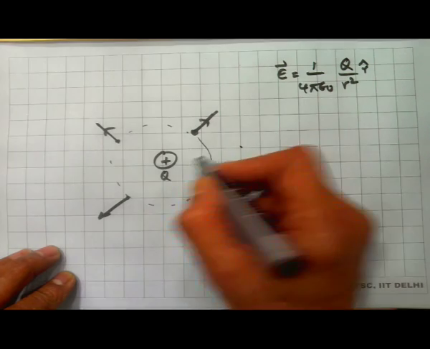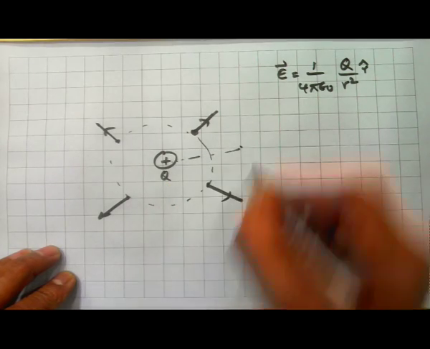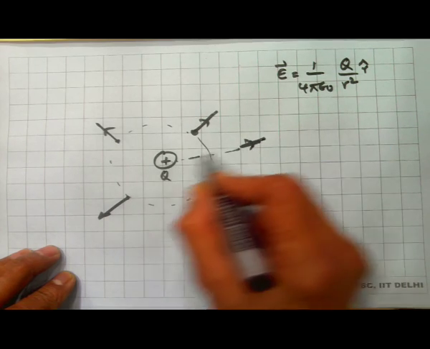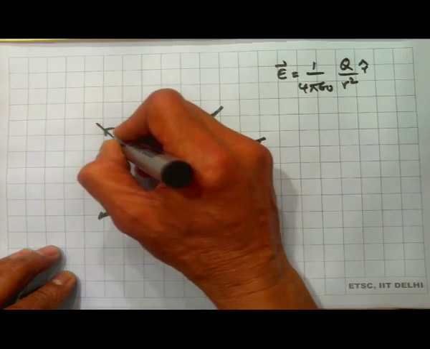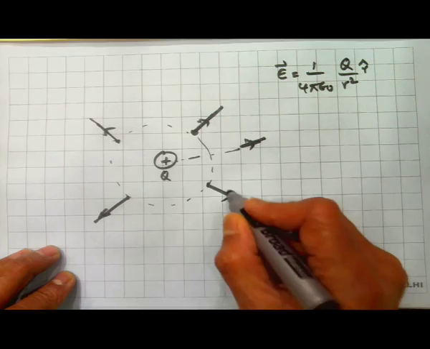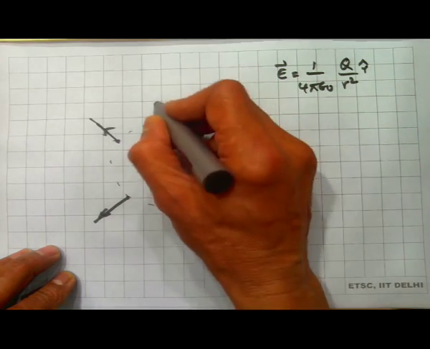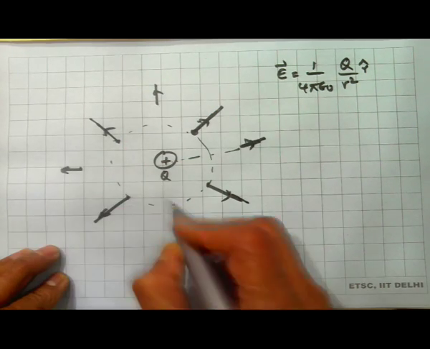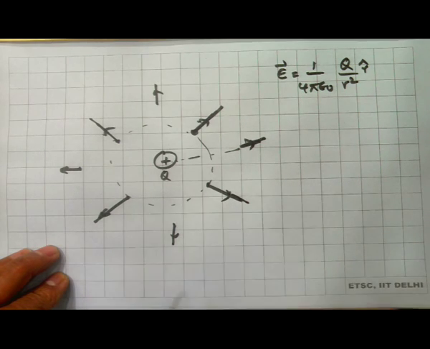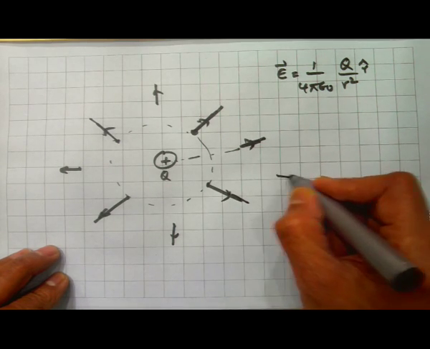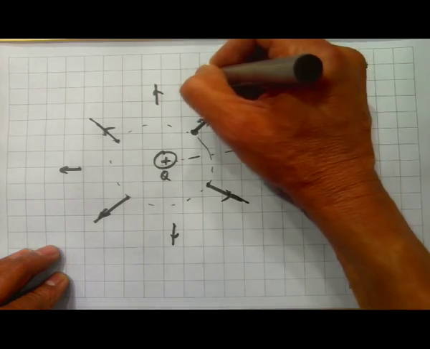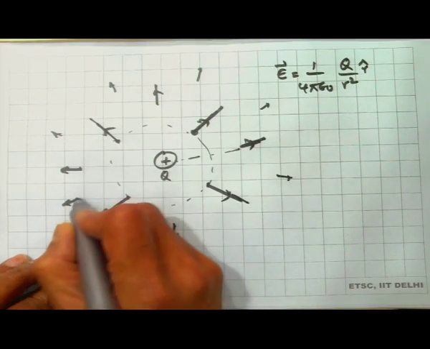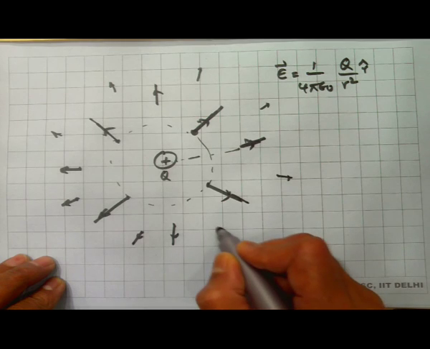Then I go to a further point. At this point I know that this distance is larger, so the electric field will be smaller, but the direction of the electric field will be in this direction. So, this will be large. Let me draw a bigger line here. These are large electric fields, this is slightly smaller. Similarly, at this distance the electric field will be here, and if I go further away, here the electric field will be even smaller, and the direction will be along the direction joining that point to the charge.